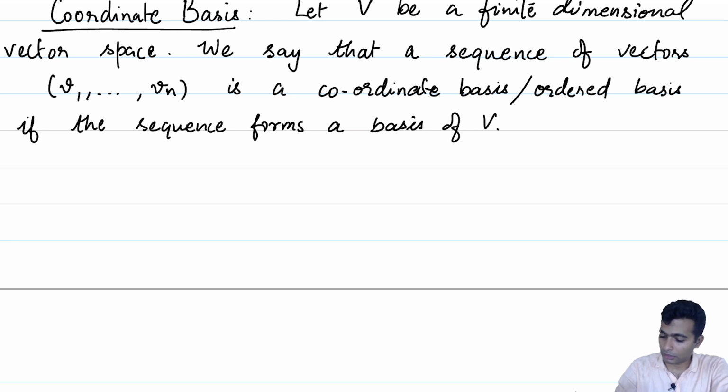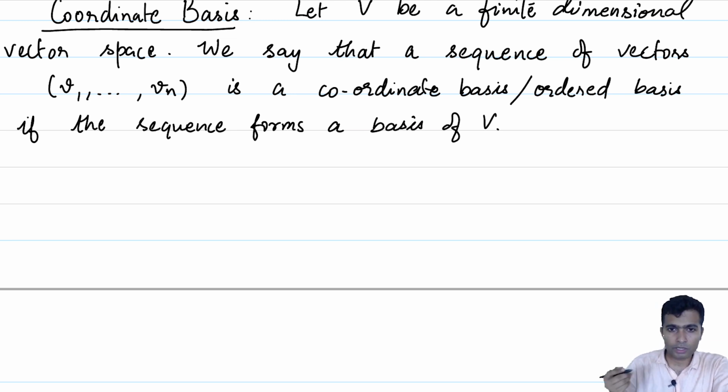So in this particular definition, you should observe that we are always considering a sequence of vectors v1, v2 up to vn. So in other words, we can talk about the first vector, the second vector, third vector, nth vector, and so on, which we couldn't have done when we just talked about a basis, because there was no inherent order which we were referring to in the definition of a basis.